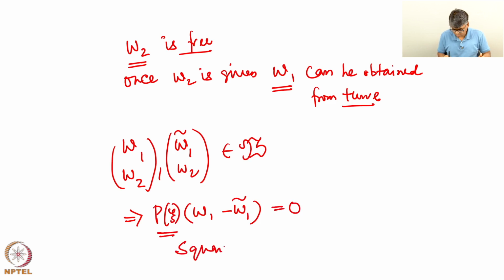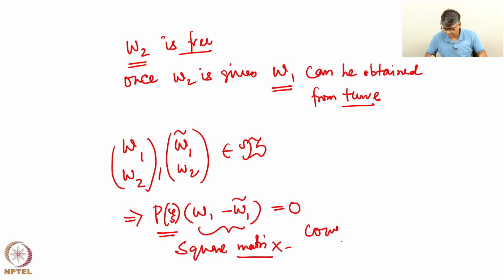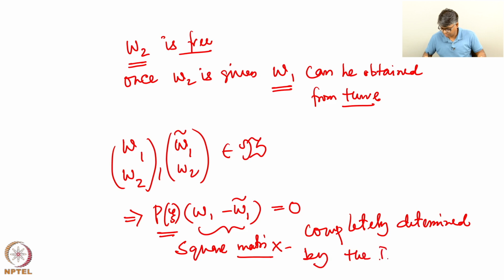So this trajectory is completely determined by its initial condition, because it is an autonomous, finite dimensional system.